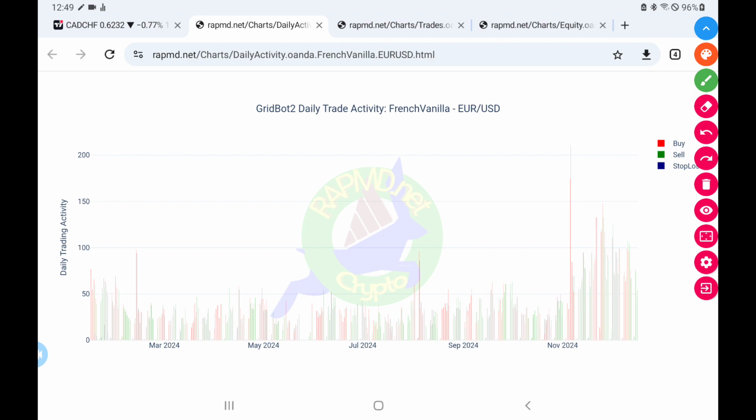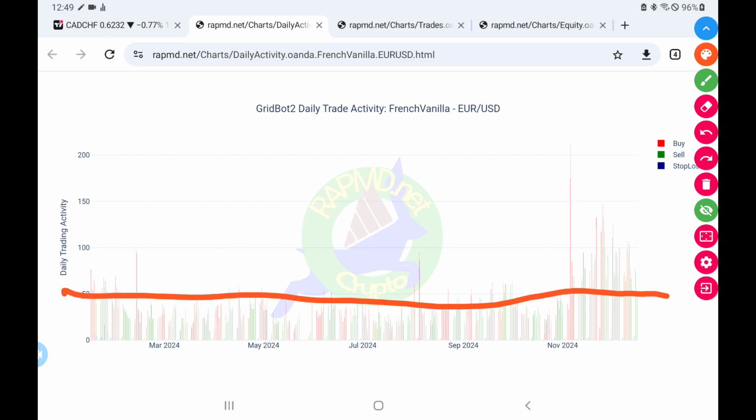What we are looking at on the screen is the actual daily amount of trading that went on. And we can clearly see the areas where volatility really spiked up, and just how volatile the market became over the basic average.